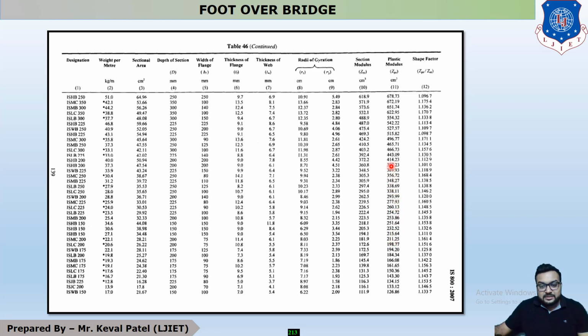So for this example, we choose this section which is 443.09, and this section is ISLB 275, which has a weight of 33 kg per meter.